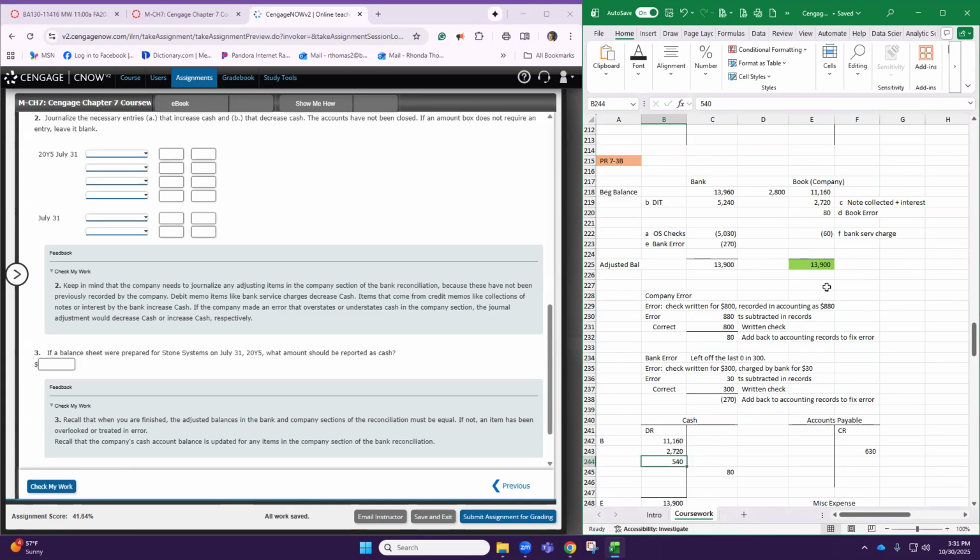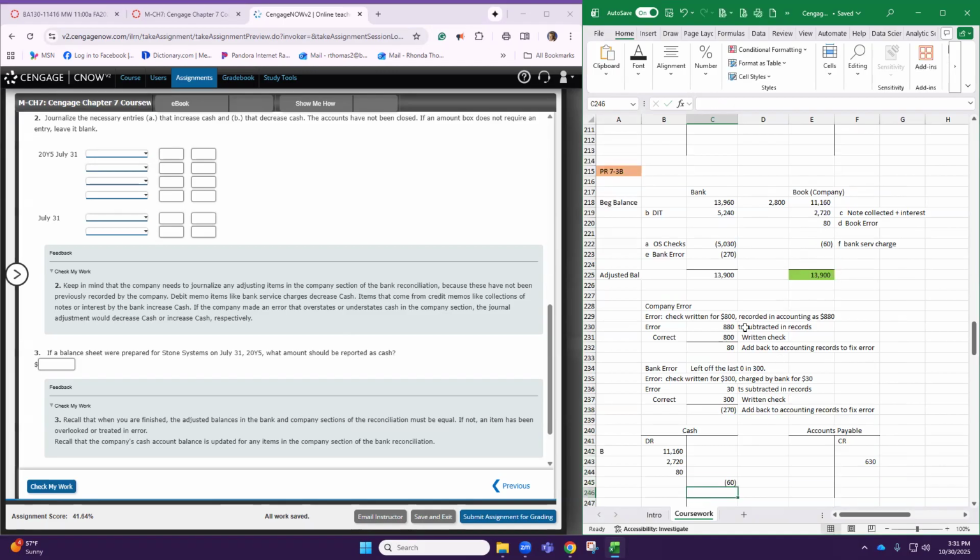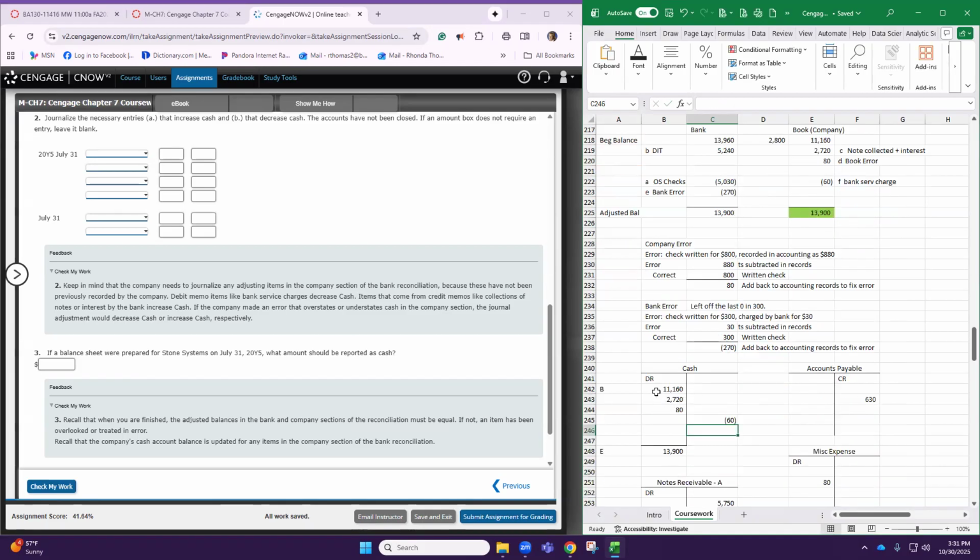Okay, and then we need to add our error. And then we need to subtract our service fee. Okay, so this is how these entries are going to change the beginning balance to the right ending balance. Now we got to put them in the right place, the credits or the debit or credit. All right.